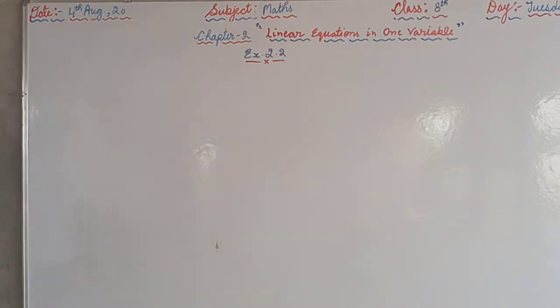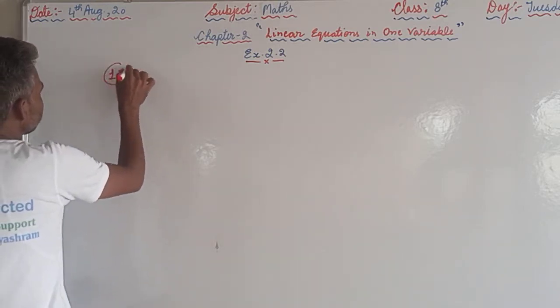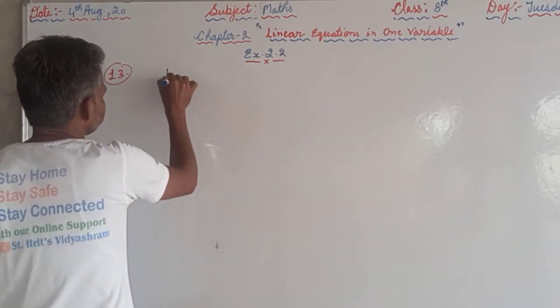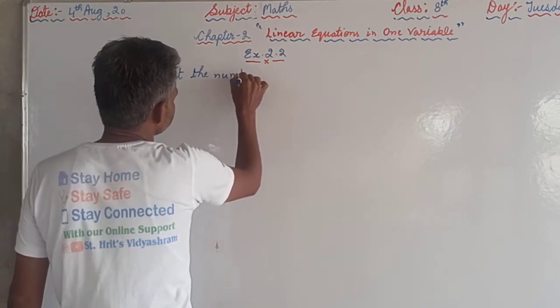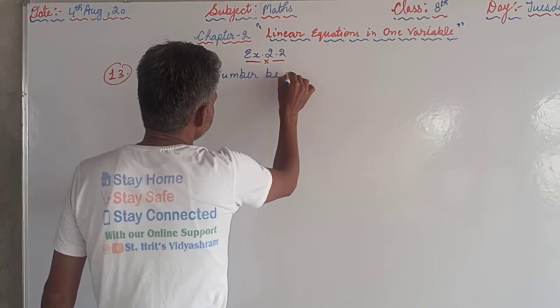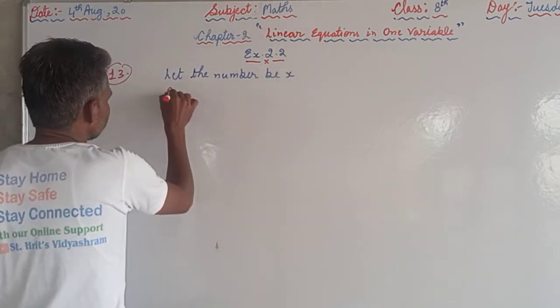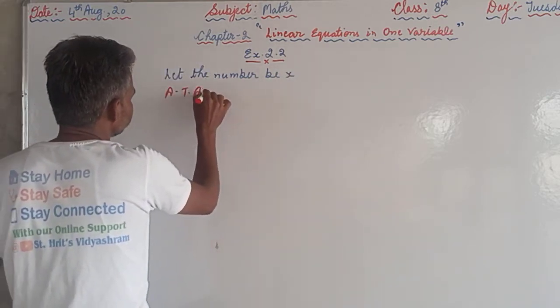So that is question number 13. Let the rational number be x. Then according to the question, what is given?